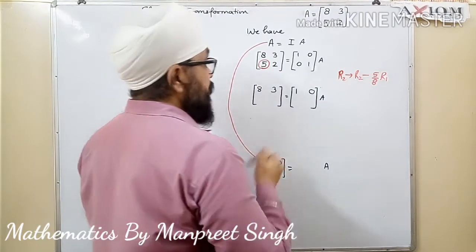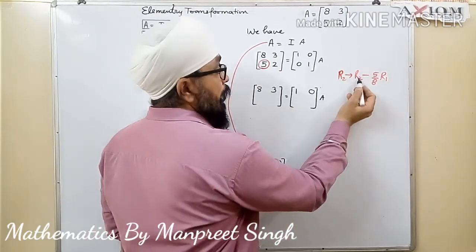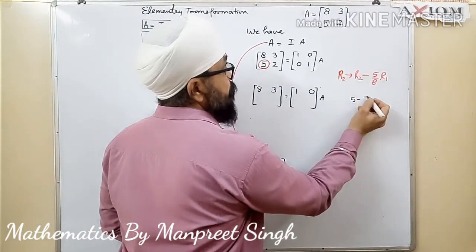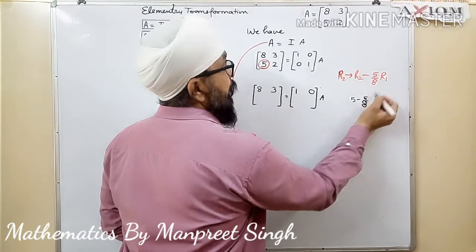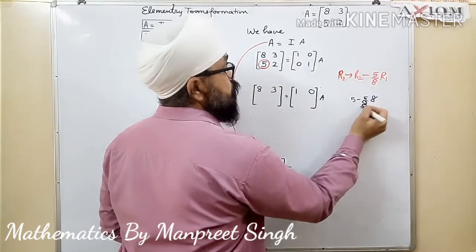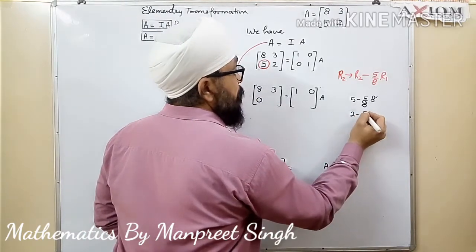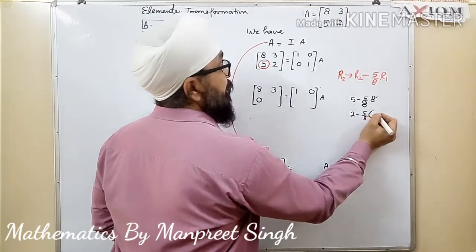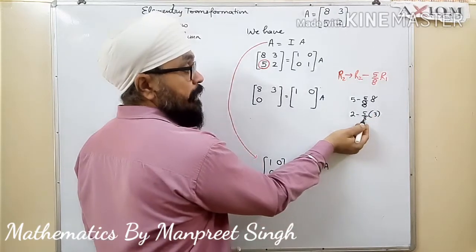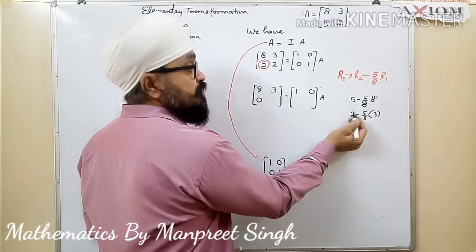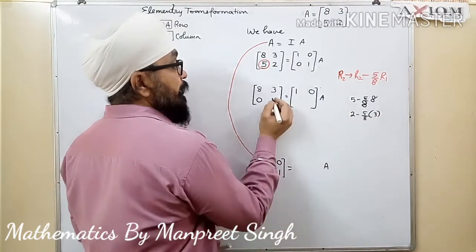तो क्या होगा देखिए, मैं यहां पे रफ में भी सॉल्व करूंगा. R2 का एलिमेंट है 5, 5/8 R1 का एलिमेंट था 8, अगर आप सॉल्व करोगे तो 0 आ रहा है. नेक्स्ट एलिमेंट है 2 माइनस 5/8 टाइम्स वहां पे एलिमेंट है 3, दिस विल बिकम 16 minus 15, 1/8.